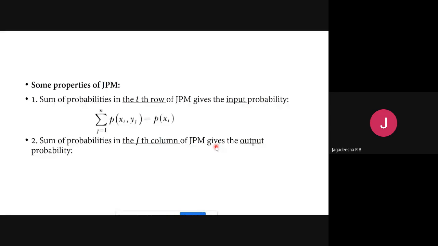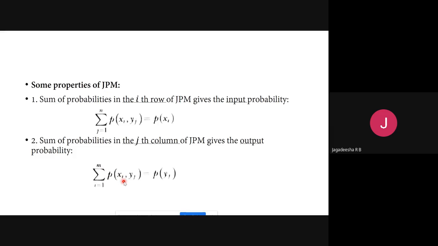We will see the next condition here. For the jth column, when you sum up the joint probability of xi, yj, we find the summation of these probabilities for i varying from 1 to m. What is i? i represents the input, the index to the input term x. So you are maintaining yj constant, and you will be varying xi for different values of i.